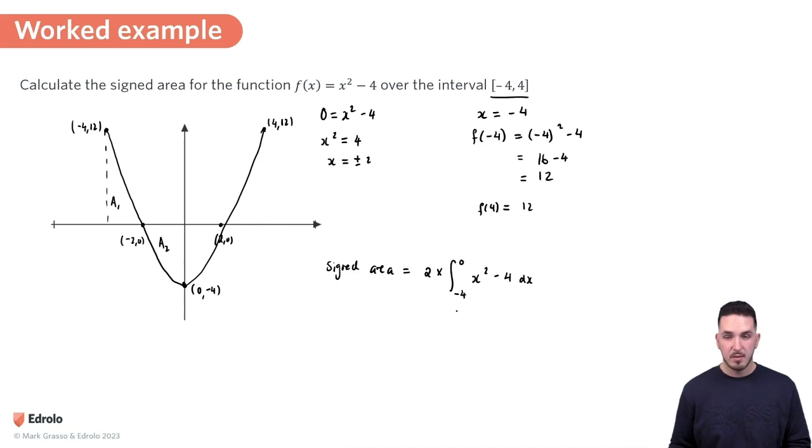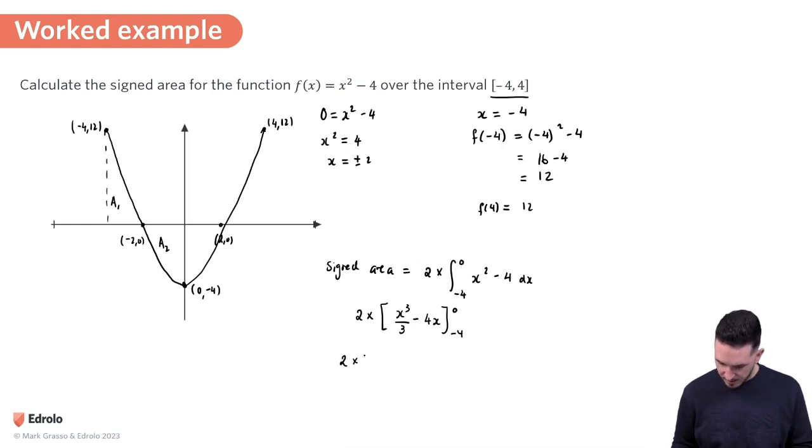So now we can evaluate this integral. So it's going to be 2 times x cubed on 3 minus 4x between -4 and 0. Substitute both of these values in. So we're going to have 2 times 0, because 0 cubed on 3 minus 4 times 0 is just 0.